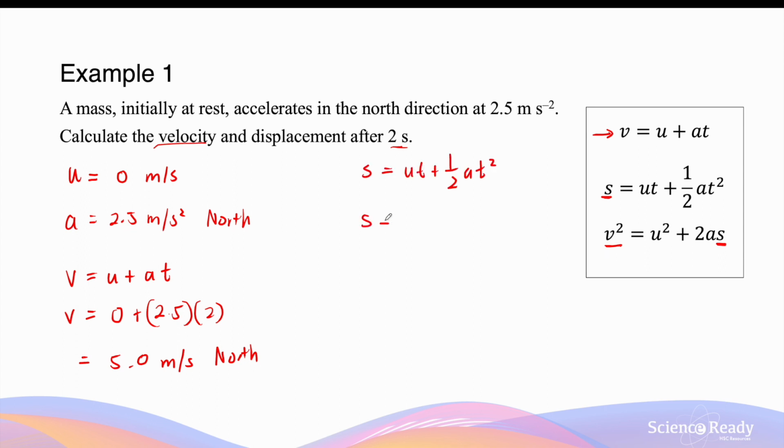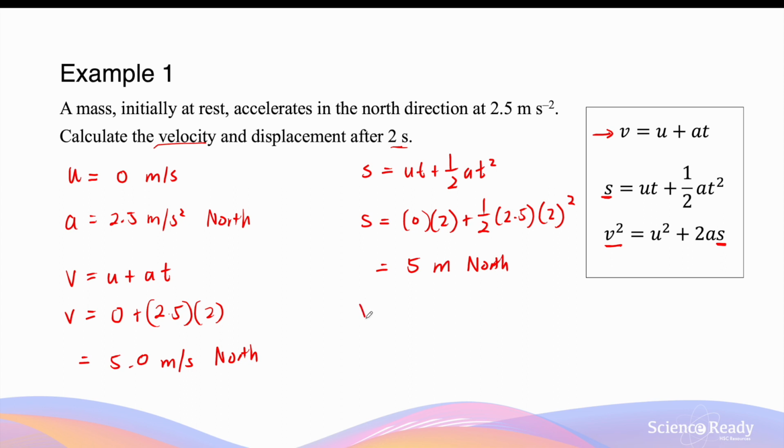The displacement s is equal to the initial velocity 0 times the time, which is 2 seconds, plus half times the acceleration, which is 2.5 meters per second squared, times 2 seconds squared. This will give me a displacement of 5 meters north. Again, very important to include the units for a vector quantity like displacement.